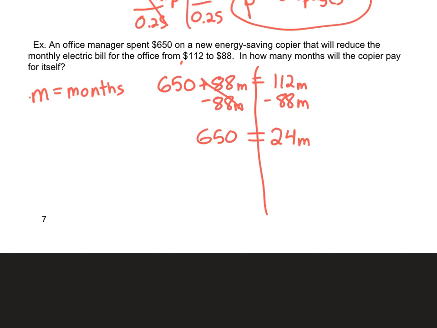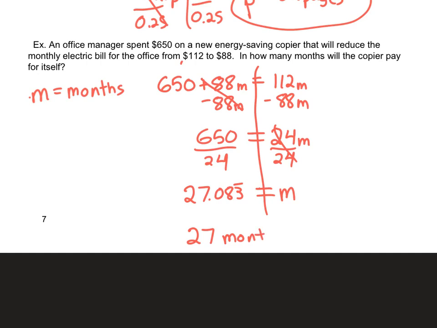So for me to finish solving that, I'm going to divide both sides by 24. And you're going to notice something here. It doesn't divide nicely, does it? We get something like 27.083 repeating. Well, if we're thinking about this in terms of months, I would say that this would take 27 whole months at least. It would take about 27 months.